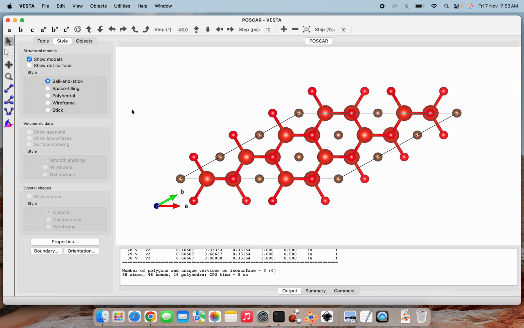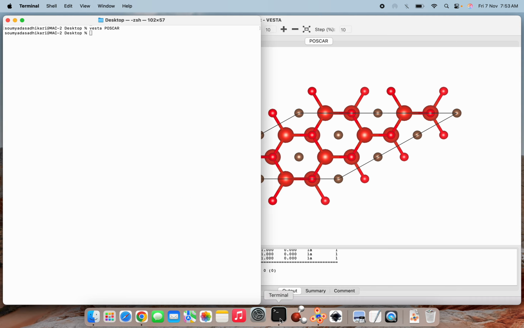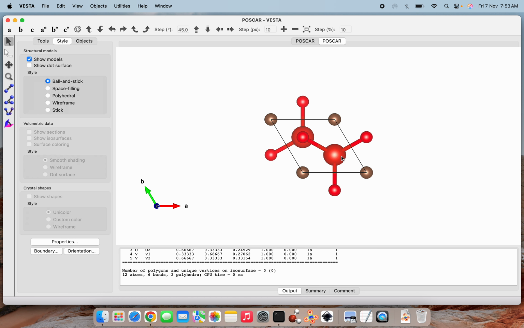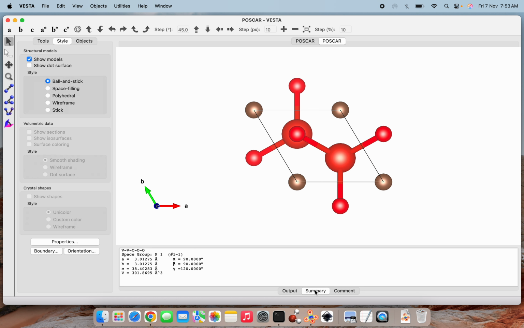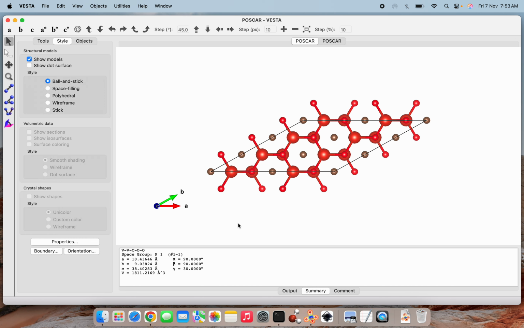Let me also open the same VESTA file again so that we can see the difference. The initial POSCAR was like this and we had 90, 90, 120 degrees, and after applying this matrix we found this vector where the angle is 90, 90, 30.